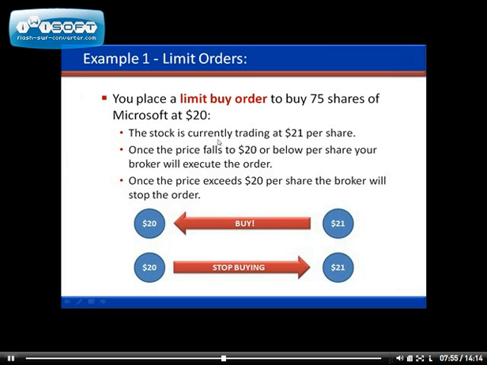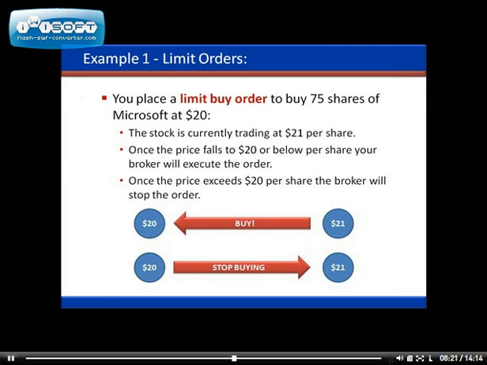So let's look at an example of a limit buy order. Let's say you place a limit buy order to buy 75 shares of Microsoft at $20, and right now the stock is currently trading at $21 per share. Once that price falls to $20 or below per share, your broker will at that point execute that order.